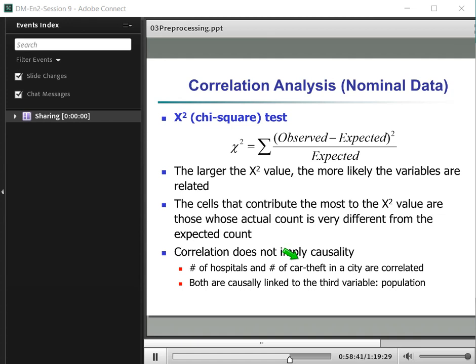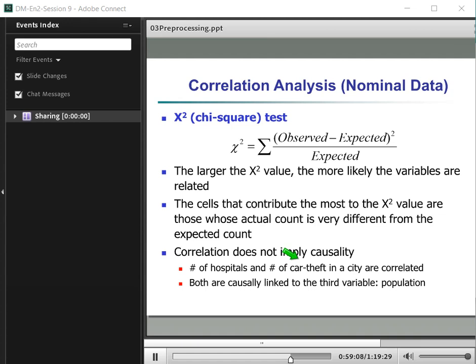It's completely acceptable. But if I try to use chi-square in this case, I can find that if the number of hospitals in a city becomes large, it means that the number of car thefts will increase too.